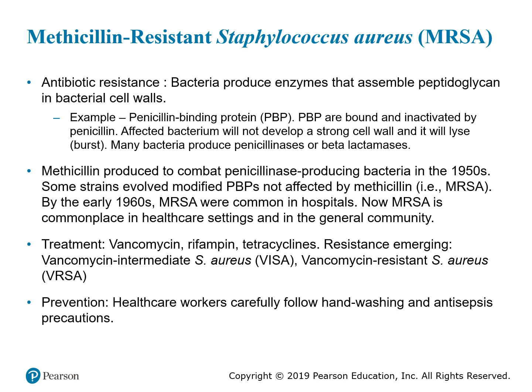Some of the things that we have to look for when we're dealing with a Staphylococcus aureus infection is if the particular species on that patient has developed any sort of antibiotic resistance. The bacteria will start to produce various enzymes that assemble within the peptidoglycan in the bacterial cell wall, and it forms the ability to withstand penetration from the antibiotic, which would typically enter into that cell wall and lyse it open and burst it.